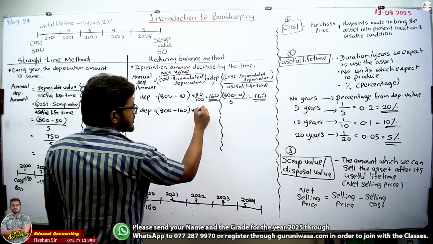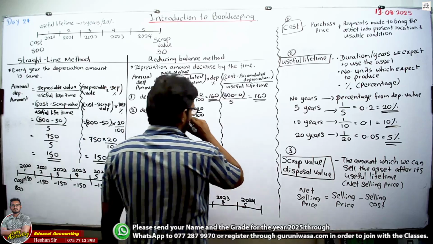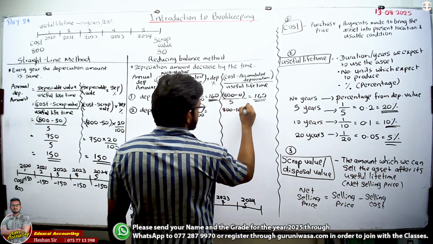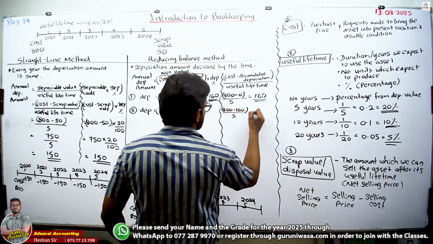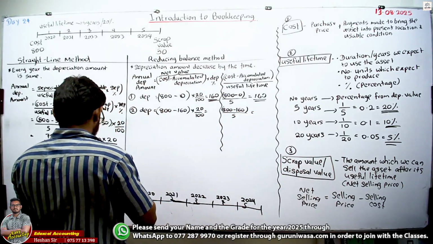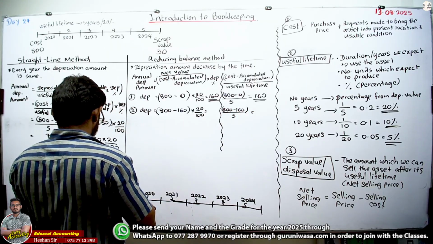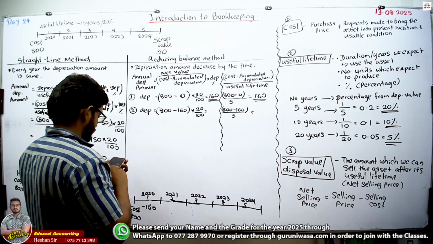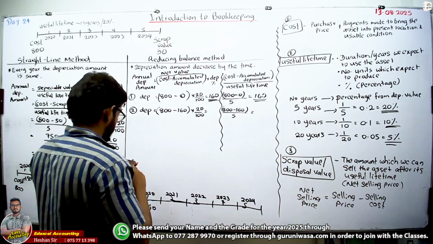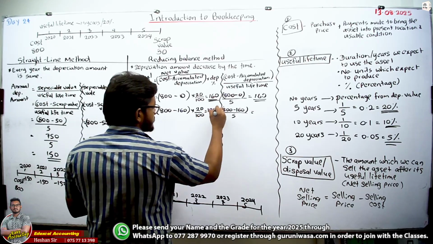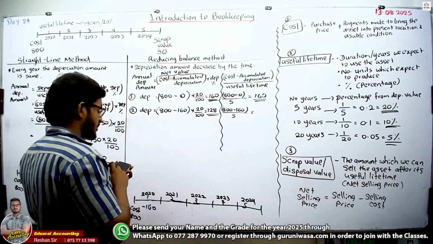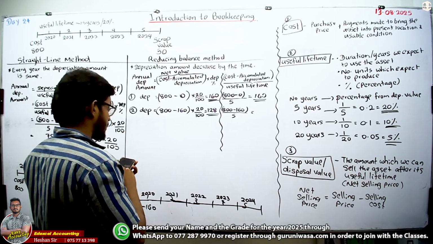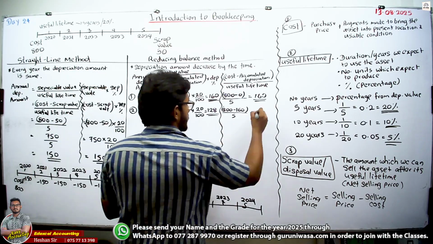Then we take 20 upon 100. In this method, 800,000 minus 160 divided by 5, which is 128.